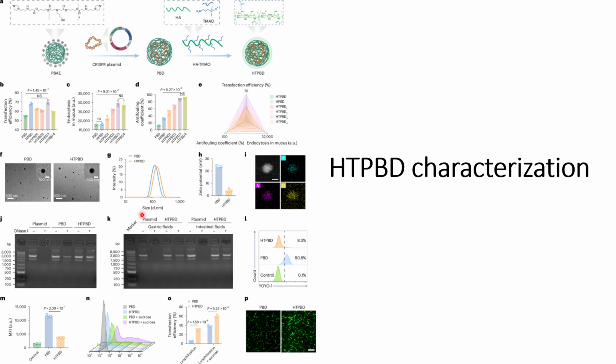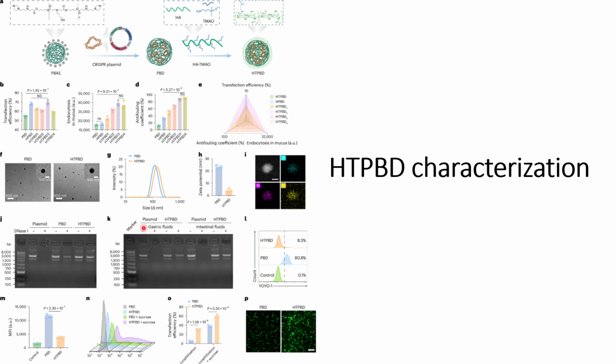Thereafter they checked the effect at the small intestine, as the small intestine has the largest immune cells. They wanted to show that it is not cleared by immune cells in a short duration of time.